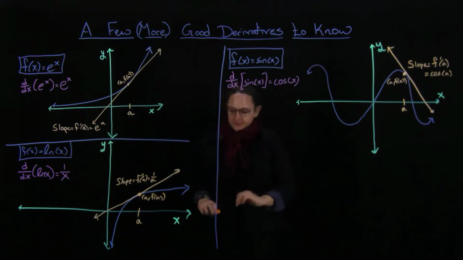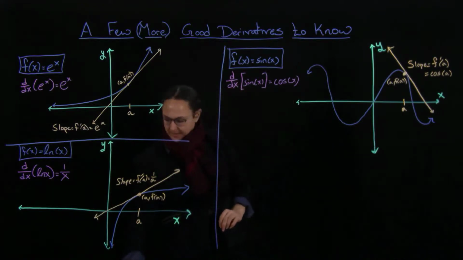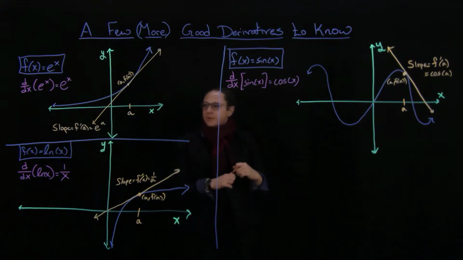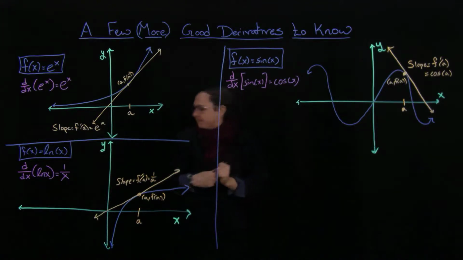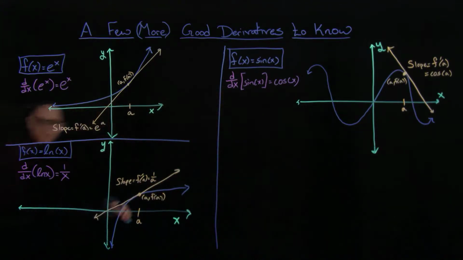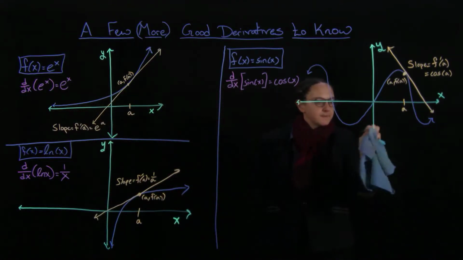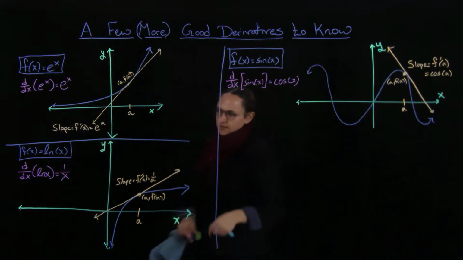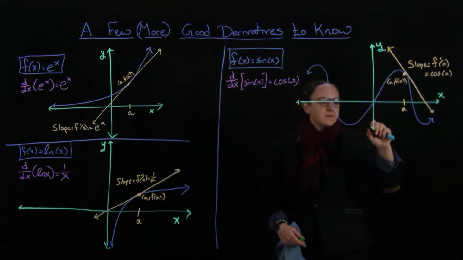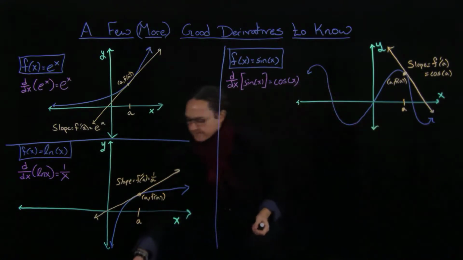Now, so that's the picture for sine of x. It's a really good function to know about. Now let's do the picture for cosine of x. I'm going to make this axis a little bit smaller so that we can have more room for our other graph.